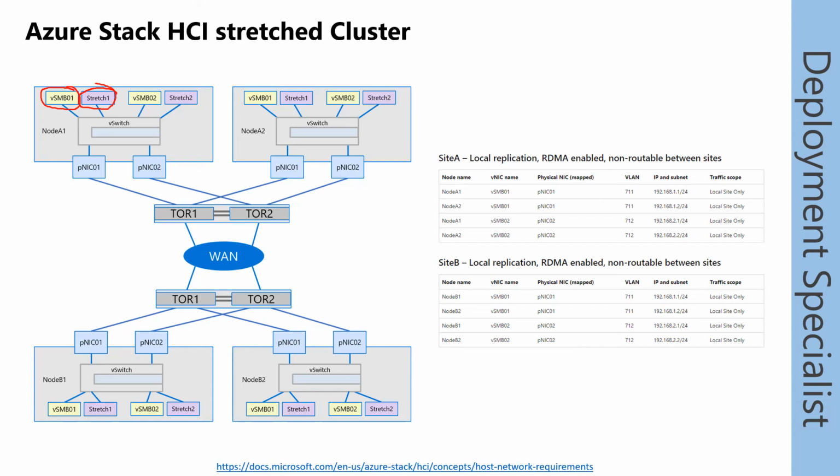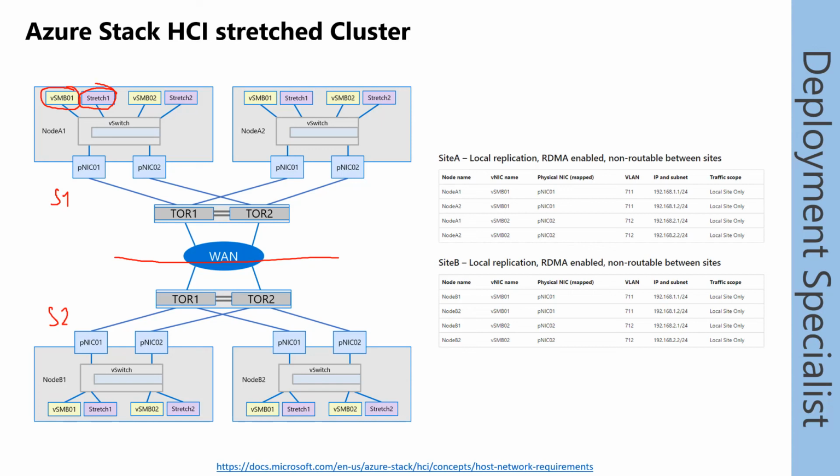Here in this picture, we have site 1 on the top and site 2 on the bottom, and between we have our WAN. We have the top of the rack switches. You can also see in a stretch cluster scenario, the number of switches we need increases, because we cannot use the same switch here and here. It's stretched. There's some distance between.